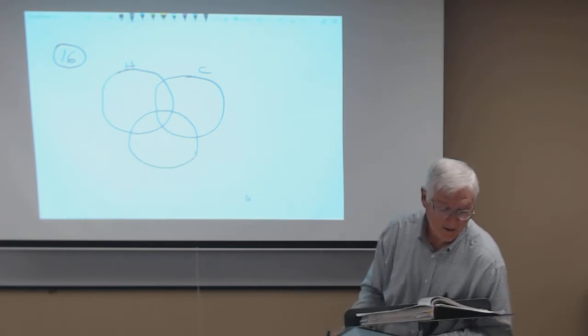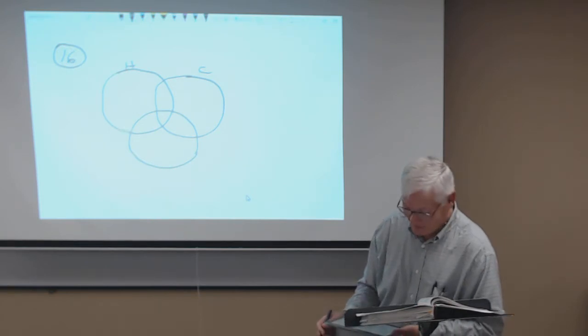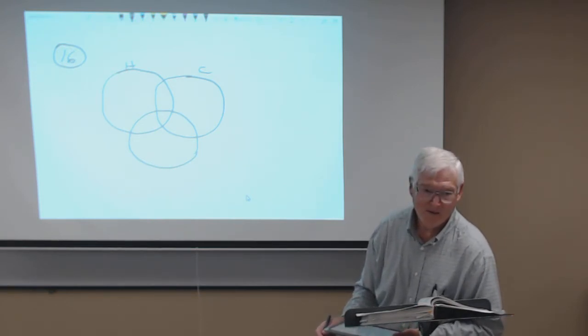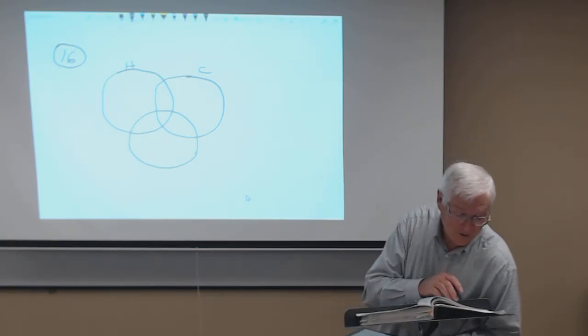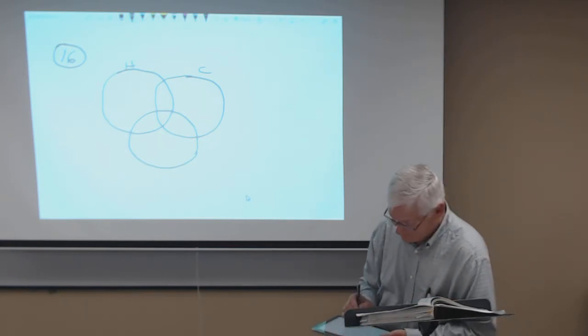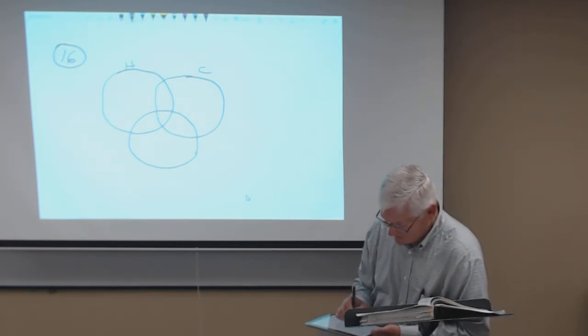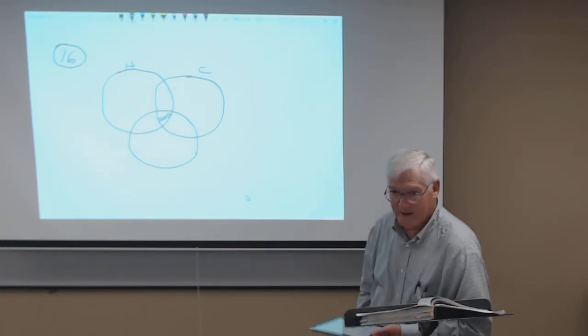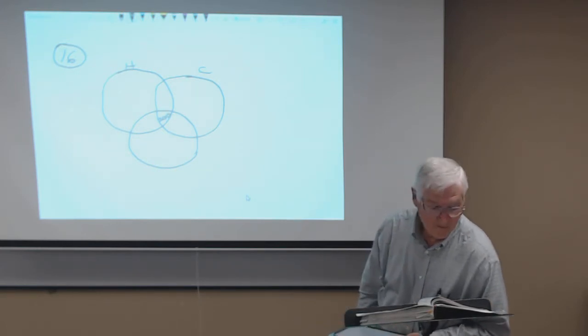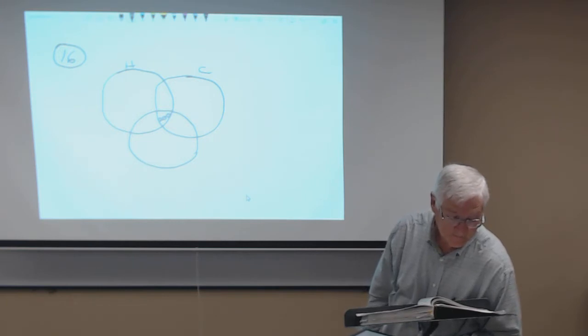How come I'm not writing the numbers in here? Because where do I want to start? Bottom up. At the bottom where it says what? 200 own all three. Everybody see that? 200 own all three.